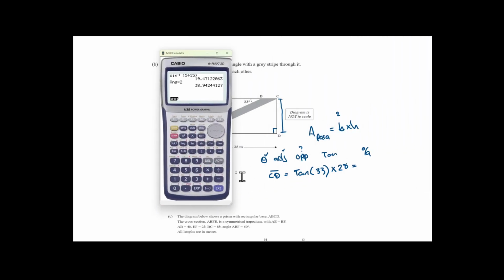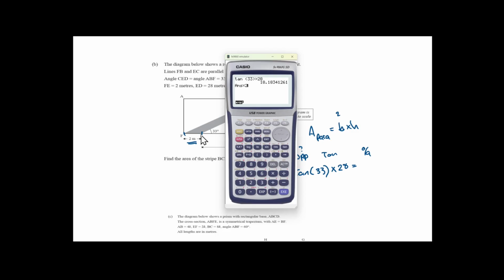So the opposite side, DC here, is going to be equal to tan of 33 degrees times the adjacent side, which is 28. Okay, now we're cooking. Tan of 33 times 28 is that. And so that's the height. And we know that the base is 2 because they just give it to us.